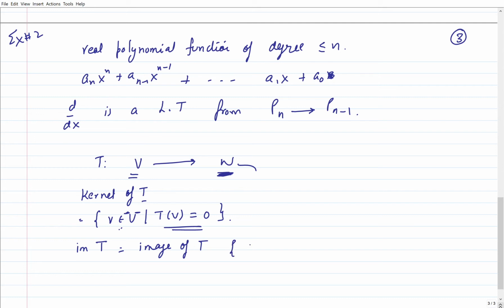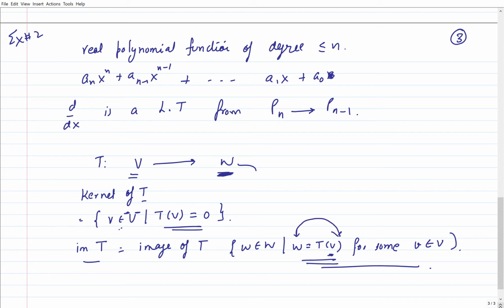So this is such that, for some element v of V. So the image of T consists of a subspace of W such that each of these w has a pre-image v in this vector space.